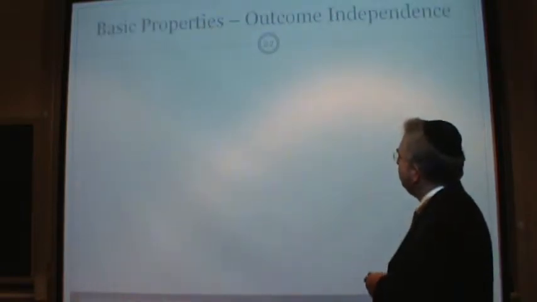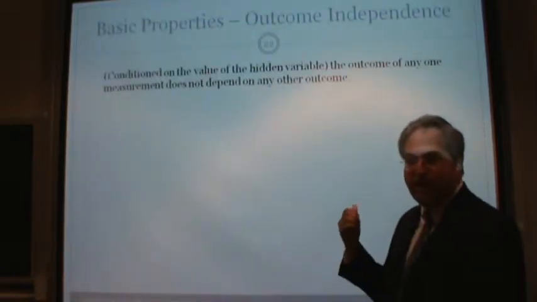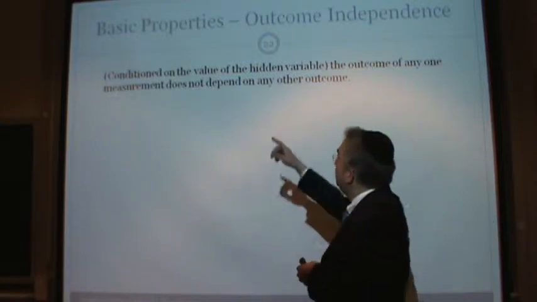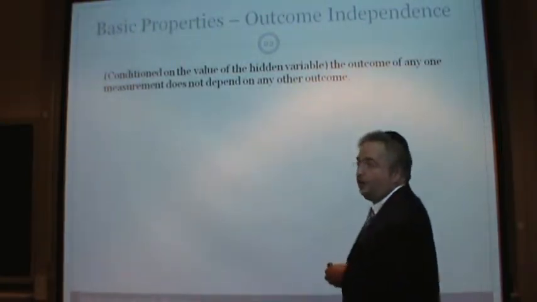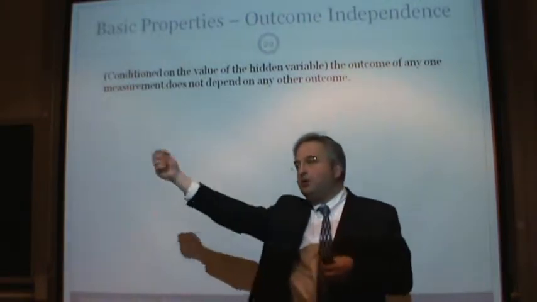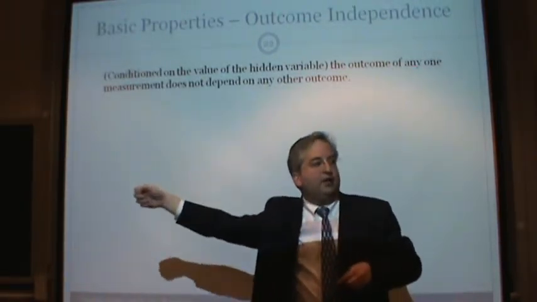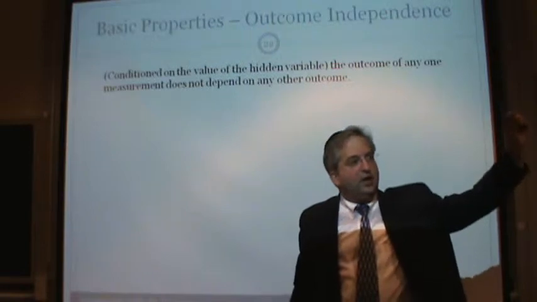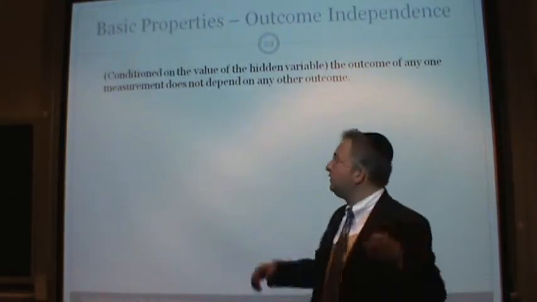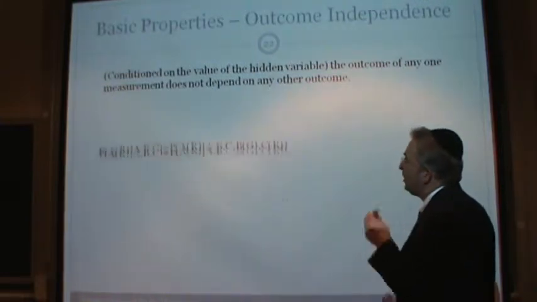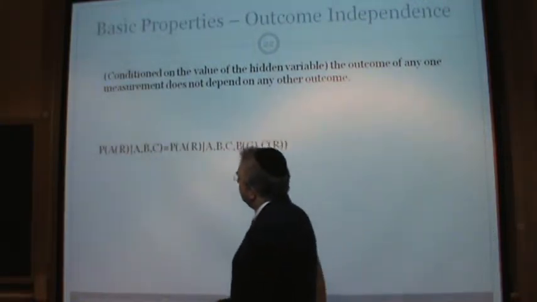So let's talk about outcome independence. We mentioned outcome independence before. What I said was, the outcome of any one measurement does not depend on any other outcome. In other words, if you get an outcome over here of red, that shouldn't affect in any way getting a green over here. Okay, that's outcome independence. One outcome is independent of the other. Let's talk about it in terms of probability theory. It says as follows.